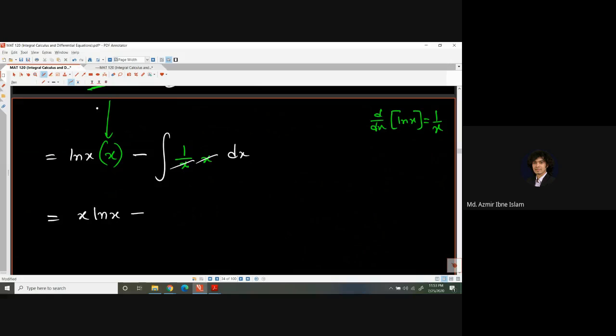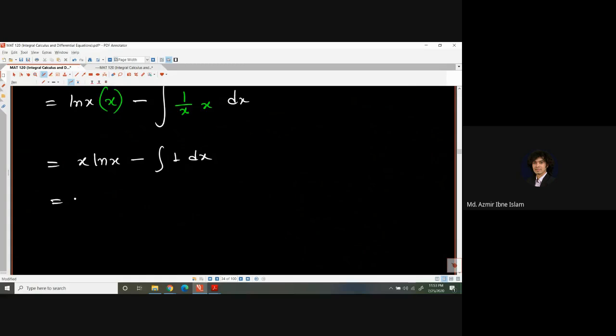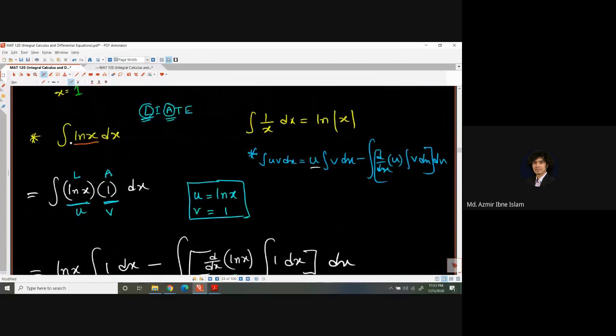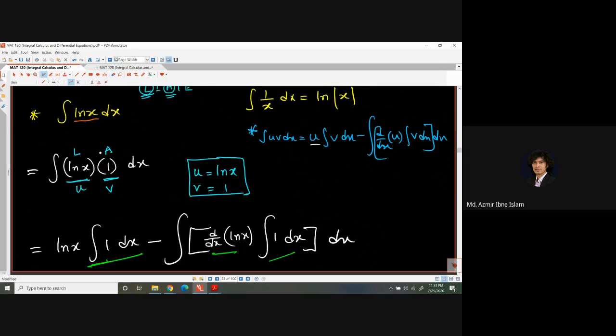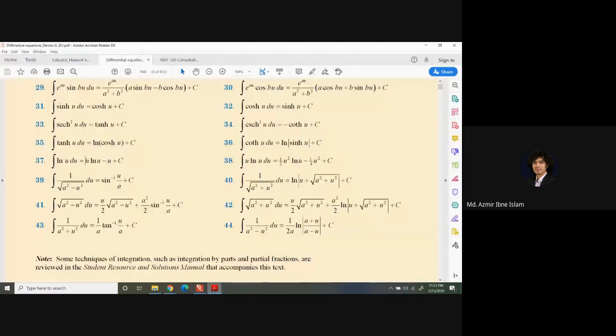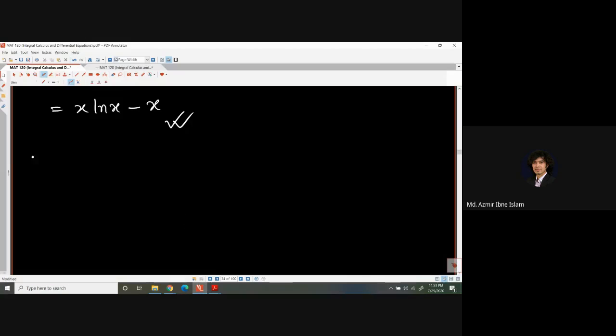Here we can cancel x and x, which gives us just 1, so 1 dx. So again we are getting x natural log of x negative the integration of this part in terms of x, which is x. So finally we are able to find the antiderivative, or the answer of the integration. That means if we have the integral of ln x dx, then the antiderivative will be given in this formula. Okay, so we can prove any formula using our theoretical concepts.